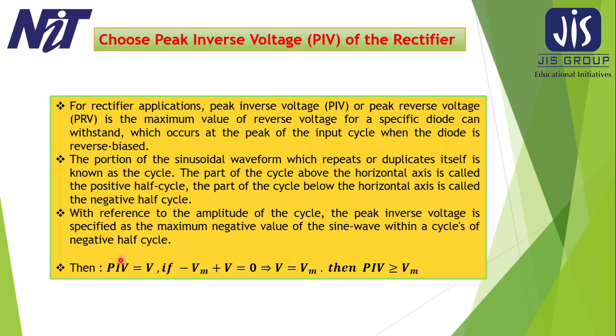In that case we obtain this PIV as V, but in negative form. So if minus Vm plus V equals 0, approximately you will get V equal to Vm. Then PIV should always be greater than or equal to Vm, but it is recommended to keep your PIV higher than your Vm, as Vm or minus Vm are both the same negative peak, as we assume that in a sinusoidal waveform the negative half and positive half amplitudes are the same.